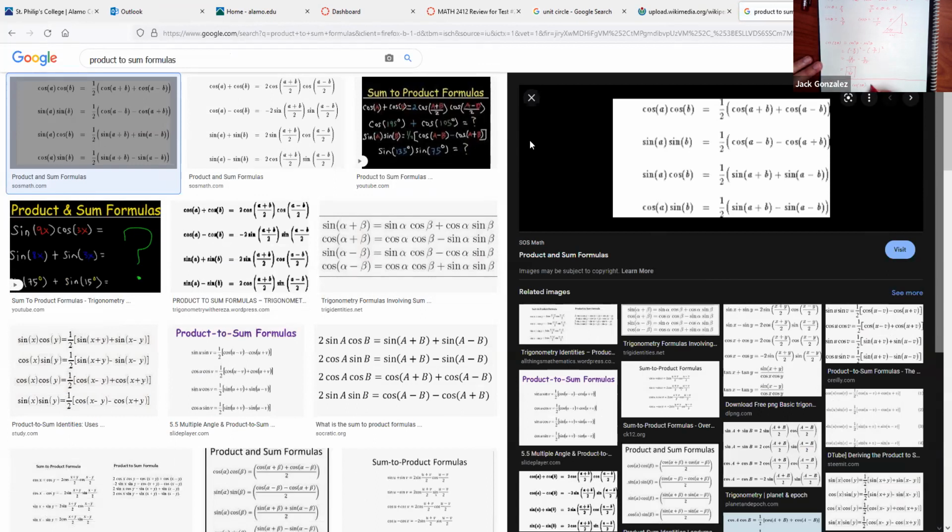So that will be equal to 1/2 times cosine of alpha plus beta, so 3 theta plus 2 theta, plus cosine of 3 theta minus 2 theta.